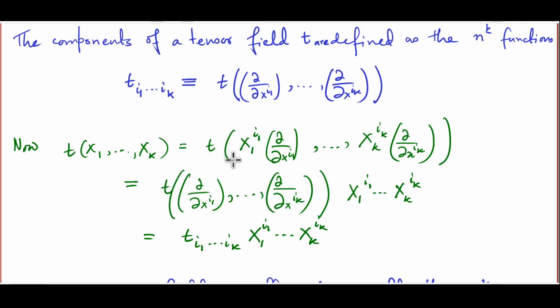So what you get here is T acting on ∂/∂x^i1 up through ∂/∂x^ik times x1^i1, x2^i2 all the way up to xk^ik. And this, given the definition of the components of T, can be simply written down in the form T_{i1...ik} times x1^i1 ... xk^ik.